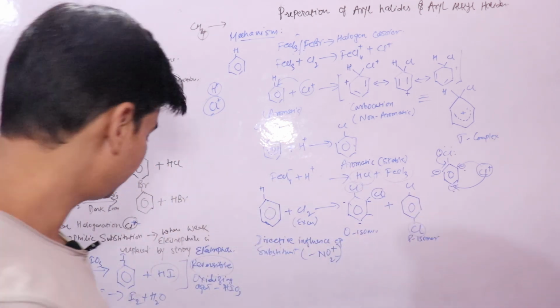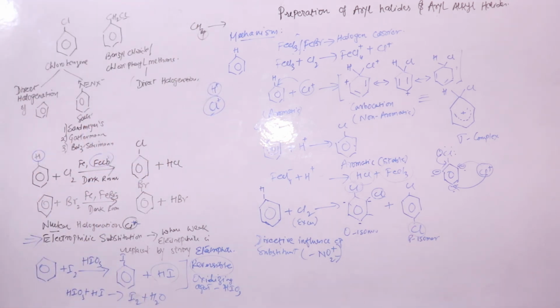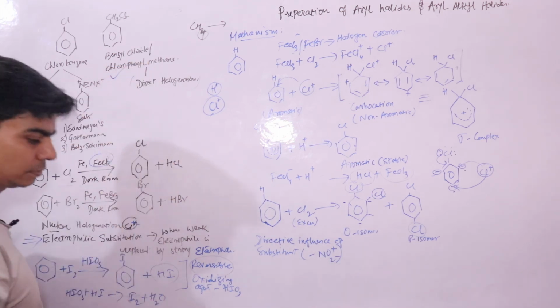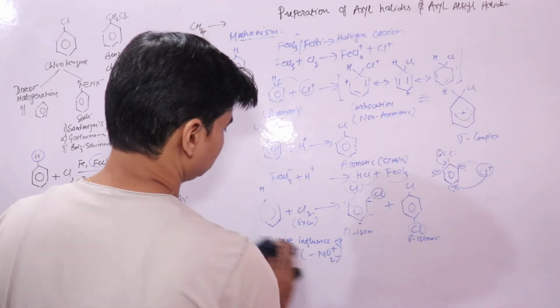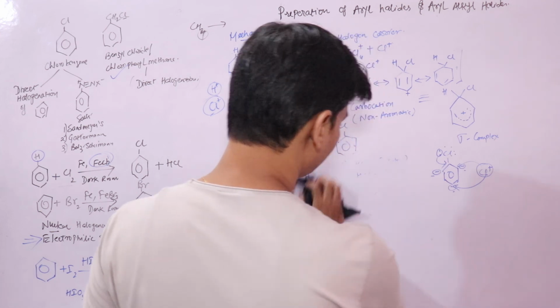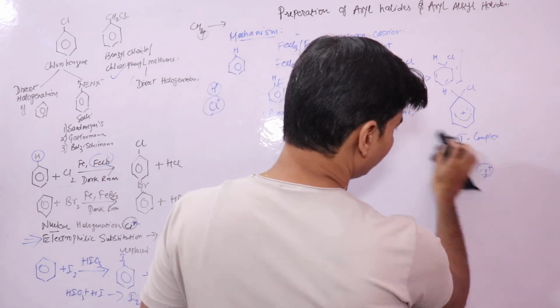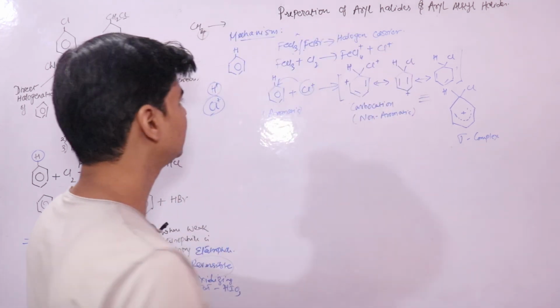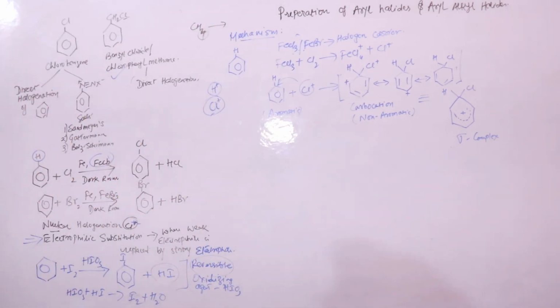Now let's quickly look into side chain substitution, the preparation of aryl alkyl halides, these types of compounds, right? We'll look into this quickly. Here we'll again go for direct halogenation to prepare alkyl aryl halides. Here the substitution will not take place at the benzene nucleus directly, but will take place at the side chain, right?